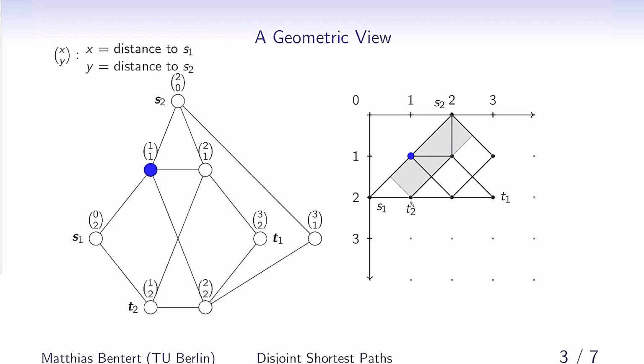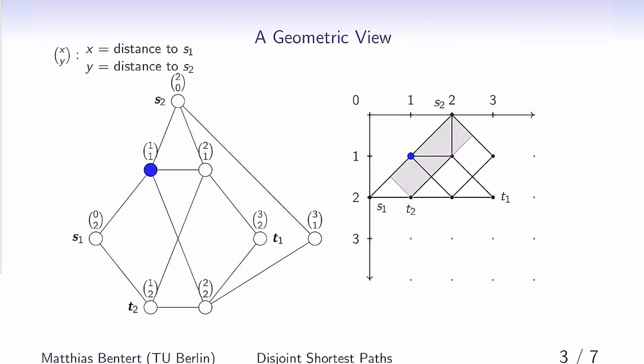So the distance from T2 is at least 2. So with these kinds of rectangles, we have a necessary condition a vertex has to fulfill to be part of a shortest S2-T2 path, or S1-T1 path, but not a sufficient condition.